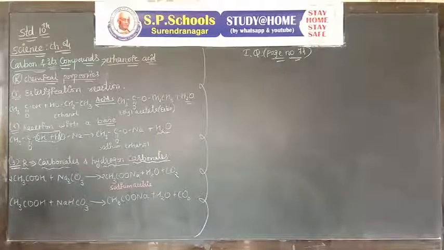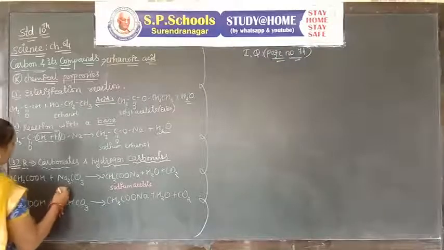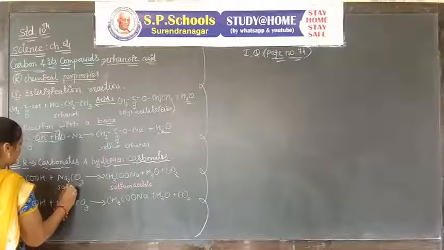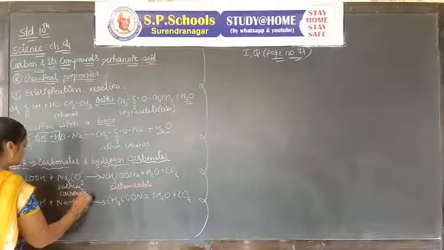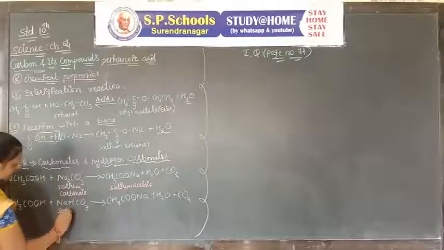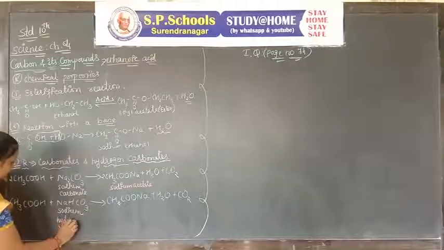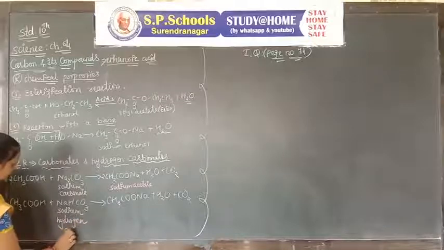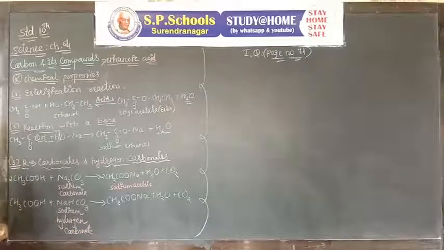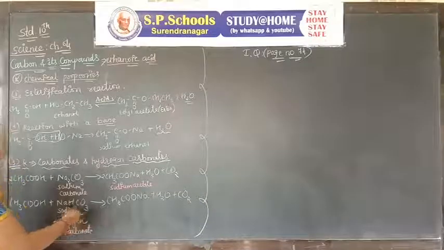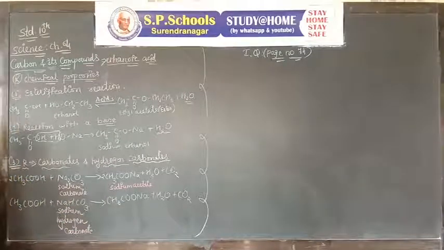When ethanoic acid is combined with sodium hydrogen carbonate, sodium acetate will be formed. This equation is already balanced, so we don't need to balance it.